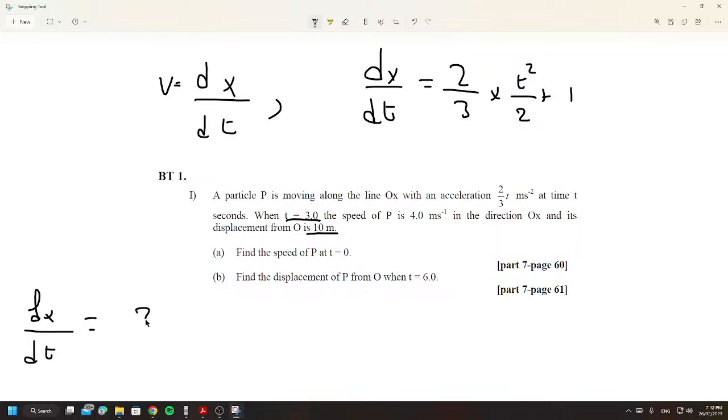dx over dt is equal to 2 over 3. No, it's dx is equal to 2 over 3. I got it. I sent it on Snap. Okay. No. Wait. So x.